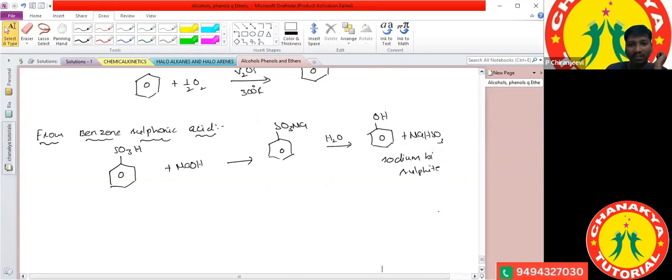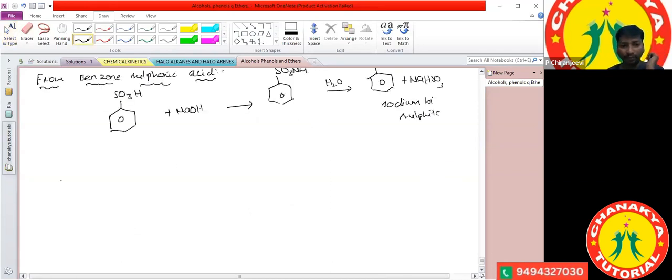What is the another step? From benzene diazonium salt. Can any one of you tell me the molecular formula of benzene diazonium salt?